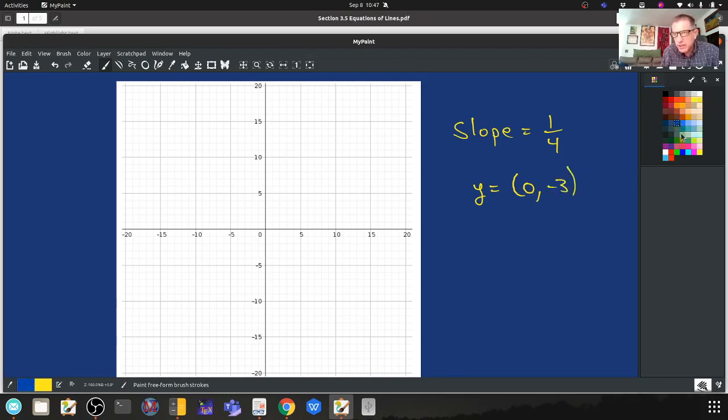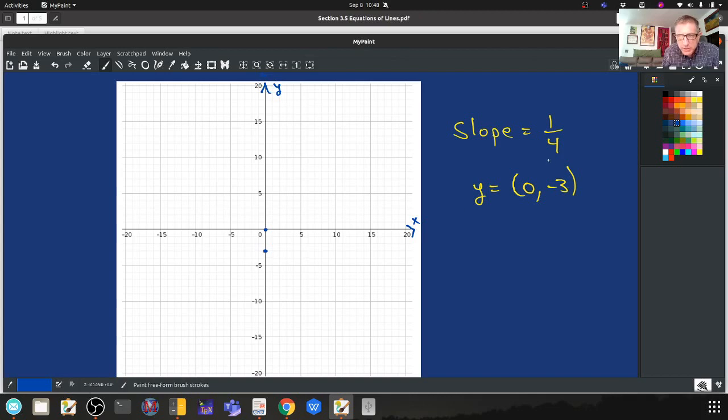So 0, minus 3: all I do is go down the y-axis. This is my y, and this is my x. Here's my origin at 0, 0, so I go down minus 1, minus 2, minus 3. Right there is the point 0, minus 3.